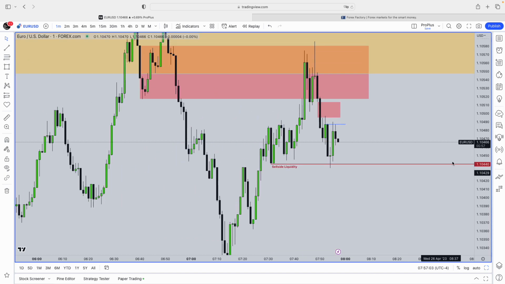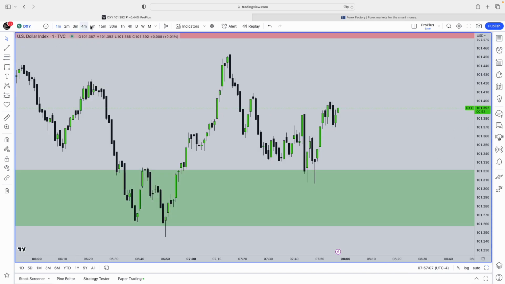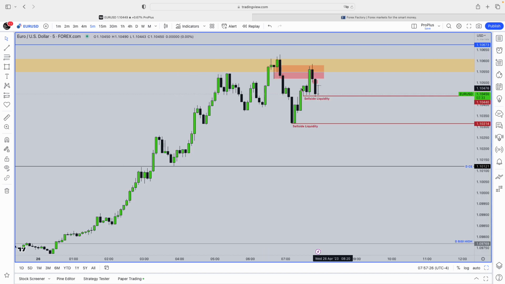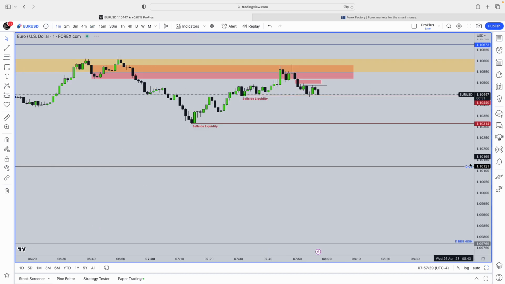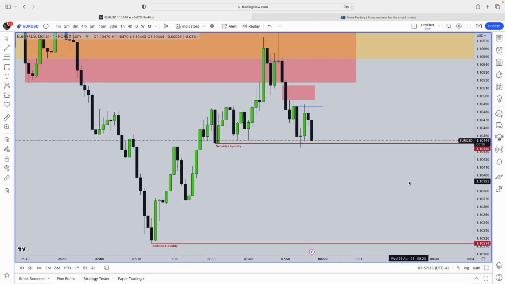Let's keep watching price. Take a look at the DXY again. Still looking nice. Lower low, higher high, higher low. 2022 model. This here is the bullish breaker now. So let's see. Next target.